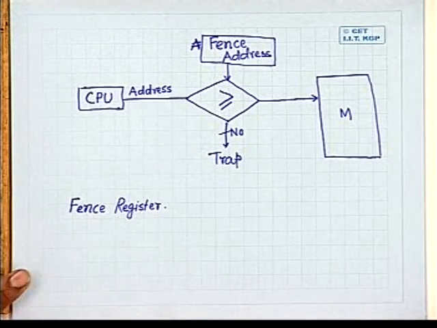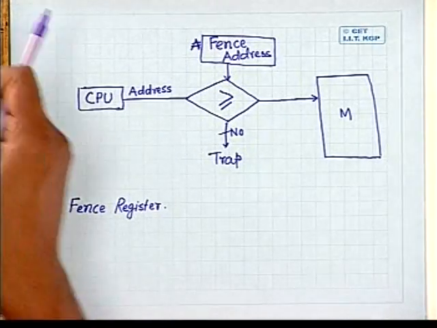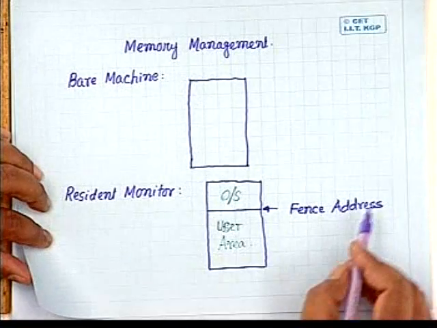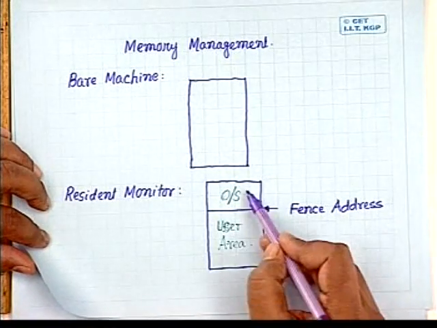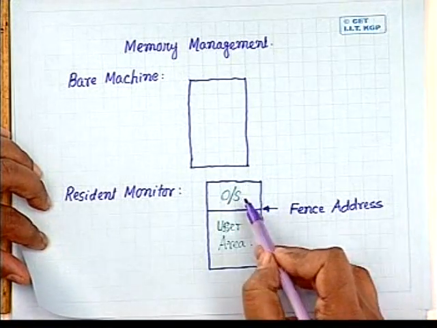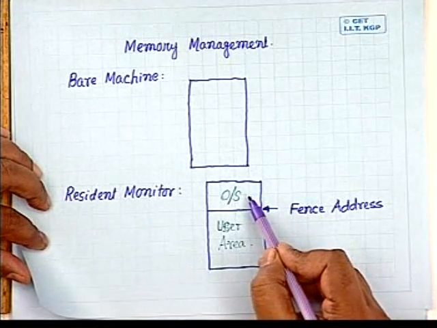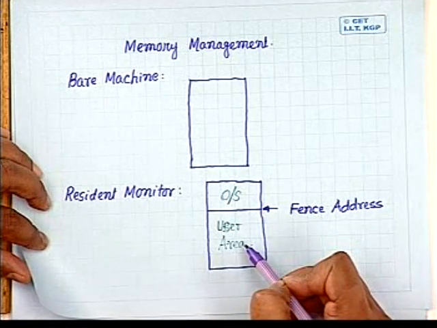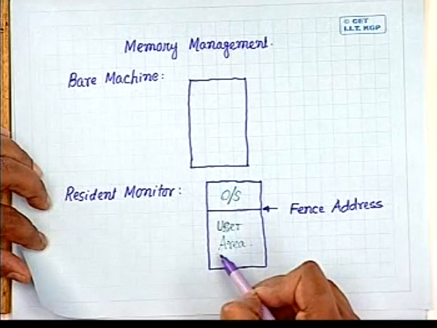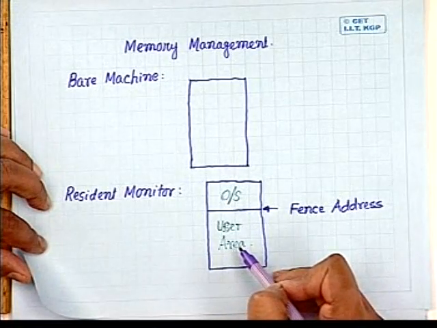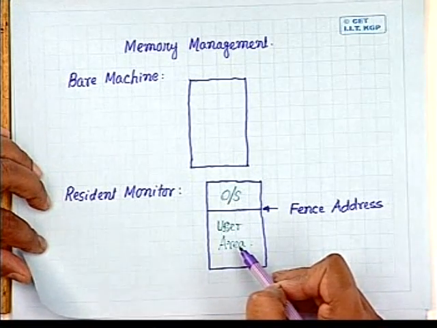Now, whichever way we specify this fence address, since the memory is partitioned into two partitions, one occupied by the operating system and the other occupied by the user program, this is mostly suitable for a single user system.